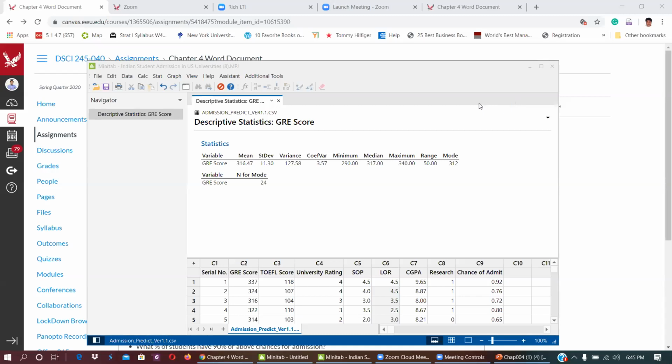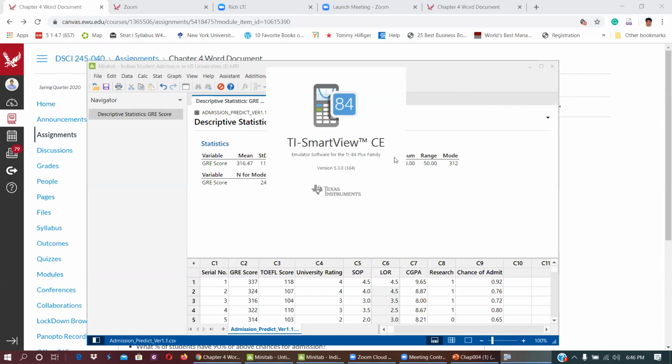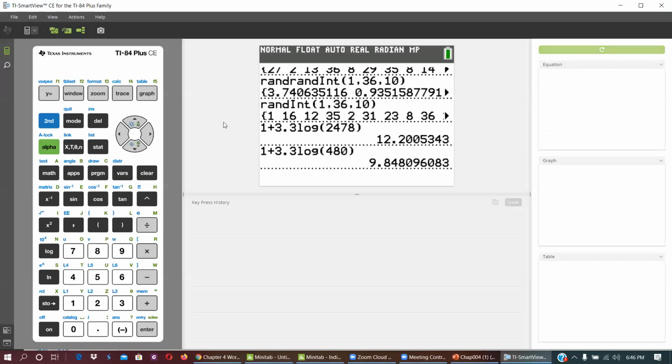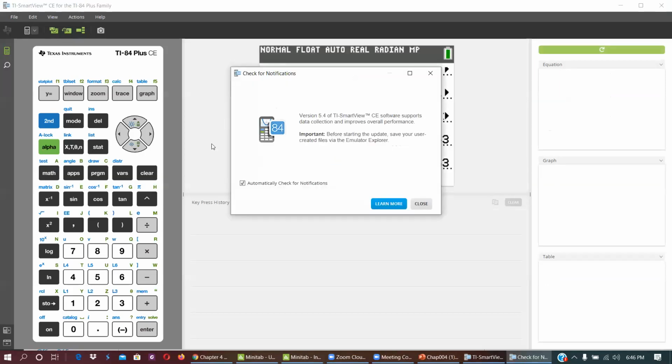Hope you can see. Can you see my Texas Instruments calculator? Okay, great.